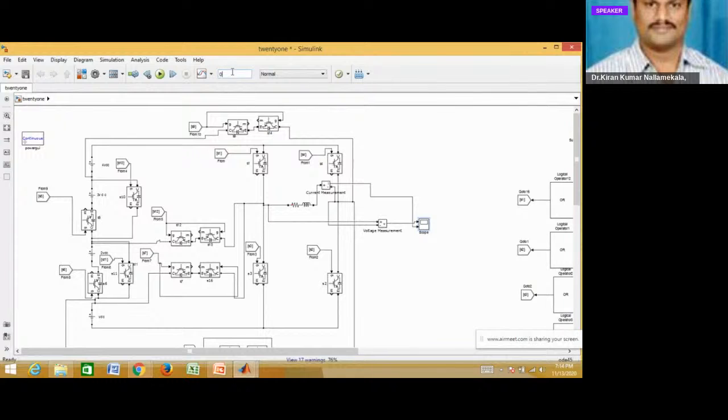Okay, even we will keep 0.5 and we will wait for some time to see the full simulation.